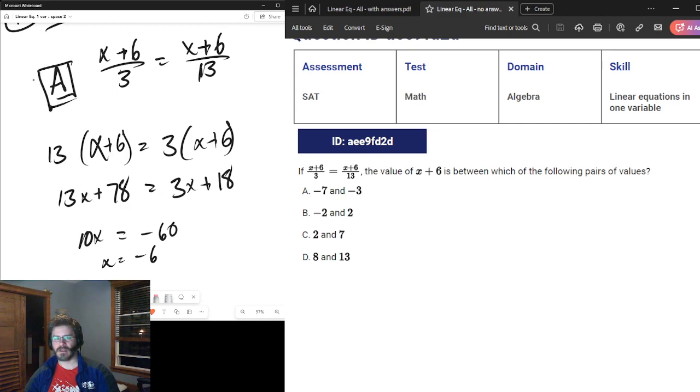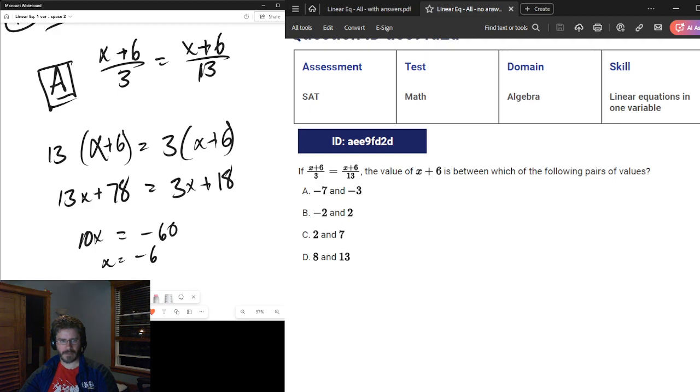I'm going to verify this one with Desmos. I haven't got that in my screen sharing setup, but I can go ahead and add it real quick. Let's go ahead and get Desmos pulled up.